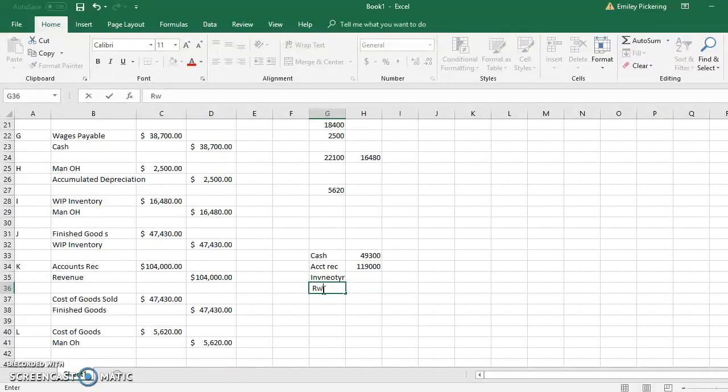So we have raw materials. So raw materials was 24,150. Work in process, 38,500. Finished goods was 2,400. And then we have all of the other trial balance. I'm running out of time on this one. So I think with the journal entries, you can probably go ahead and get this.